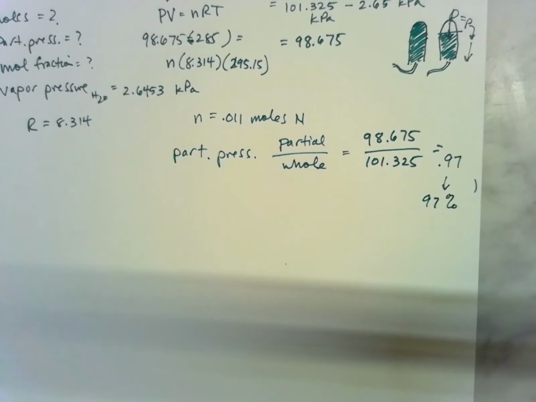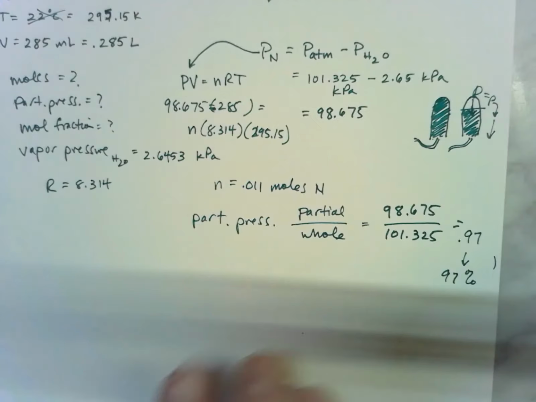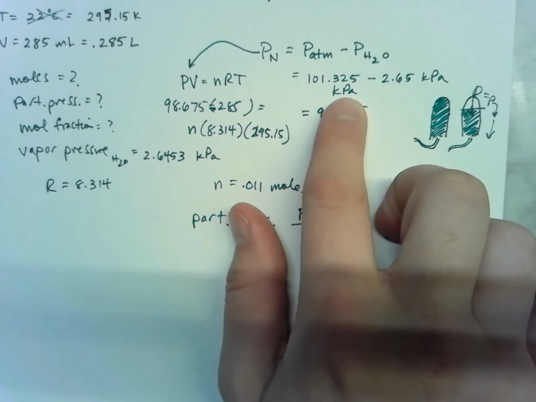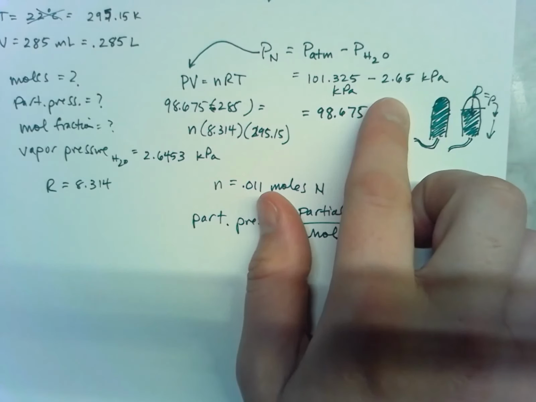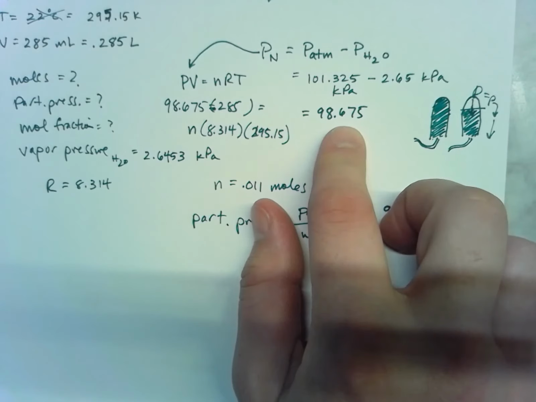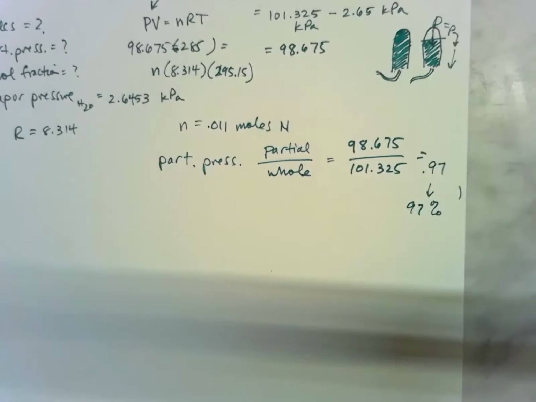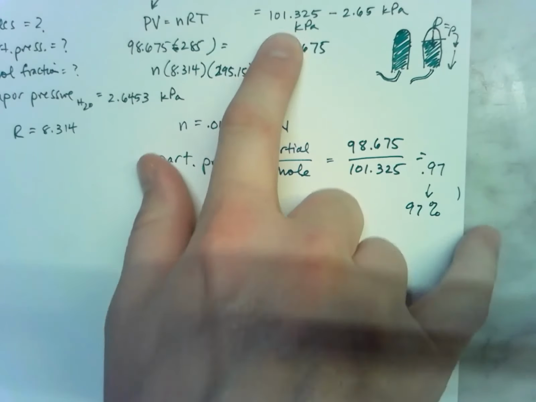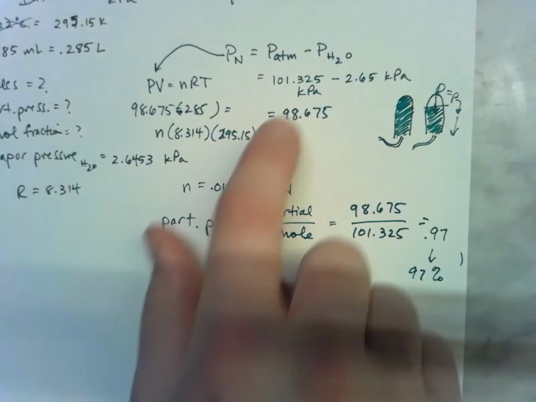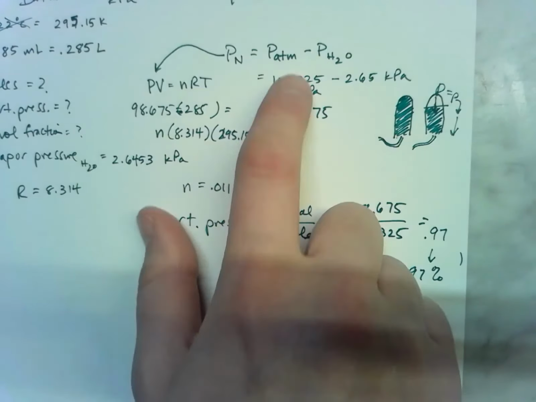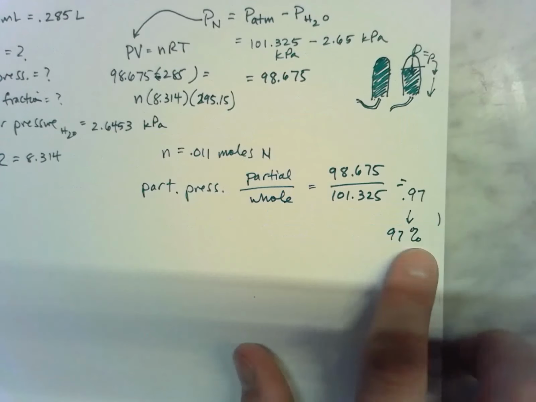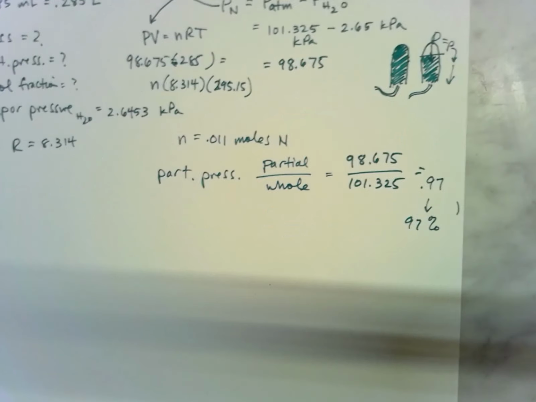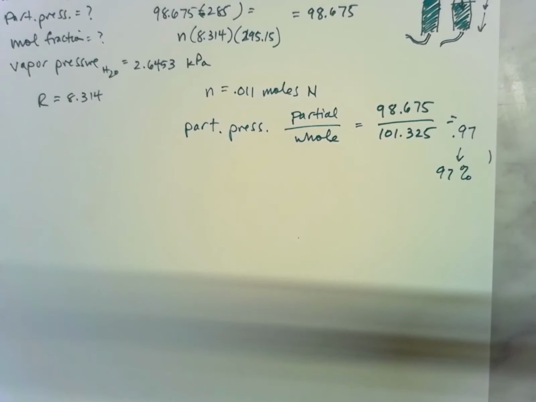So we should see that it's most of it, because the total amount of pressure is 101.325. Water only makes up 2.65 of it, and so 98.675 is what is left over, which is obviously most of that pressure. Okay, so we should expect something in the upper 90s, and we do get that. It's 97% there. All right, and then what's the final one?